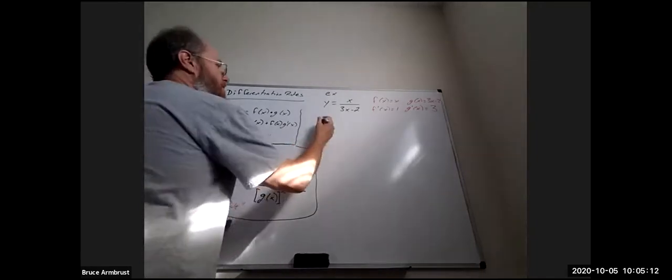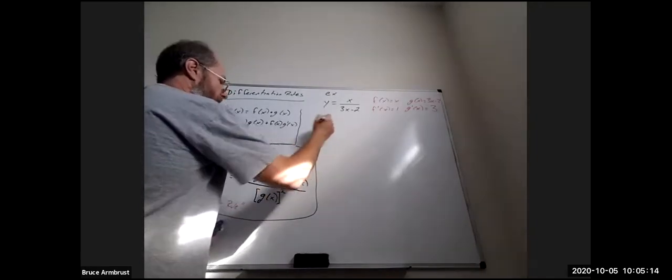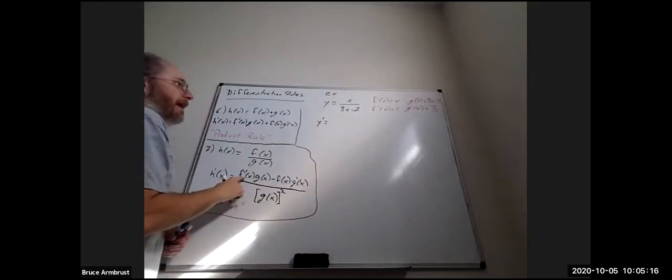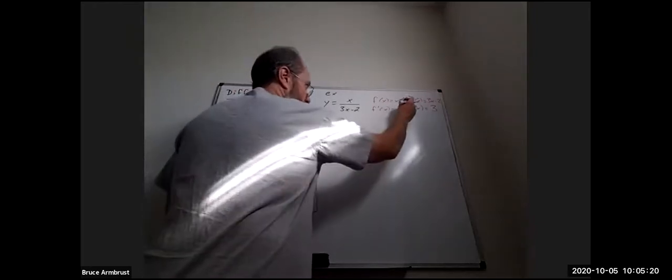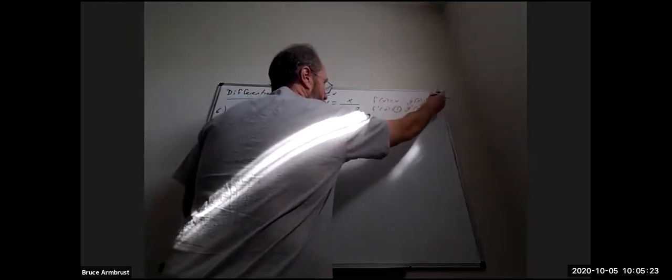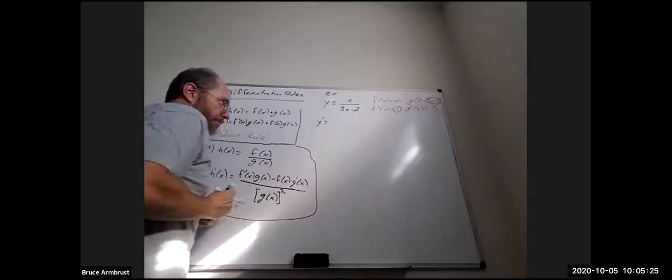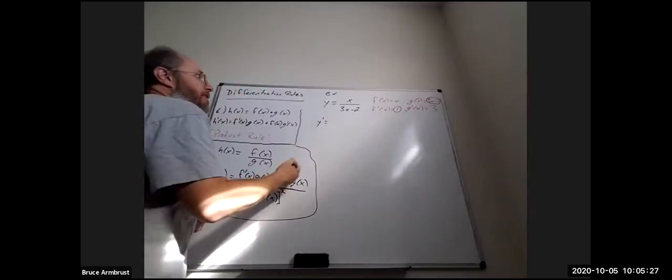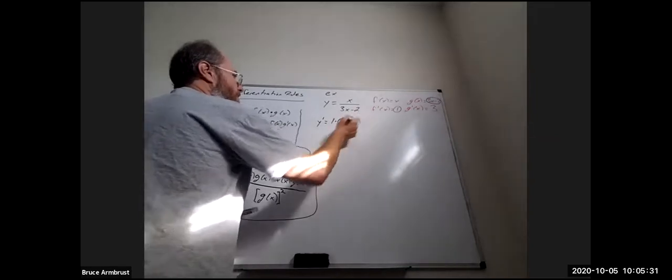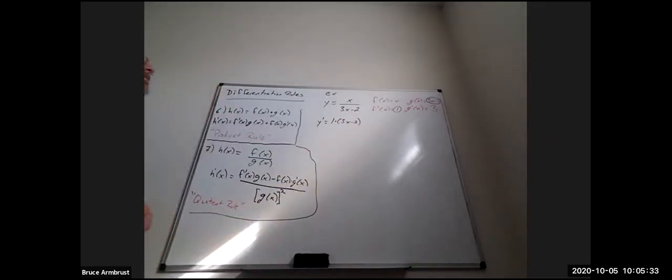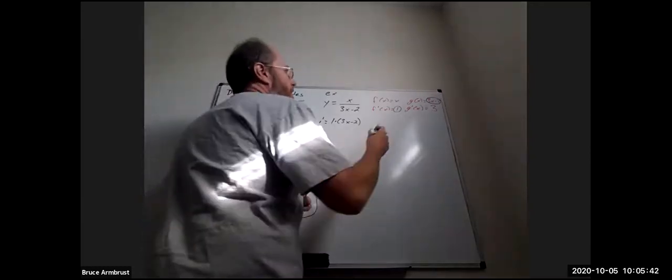All right, so let's put this all together. The derivative of this function, we start with the derivative of the top, which was 1. And we're going to multiply that times the bottom, right? So f prime times g. So we're going to get 1 times 3x minus 2. And then we're going to subtract f times g prime.